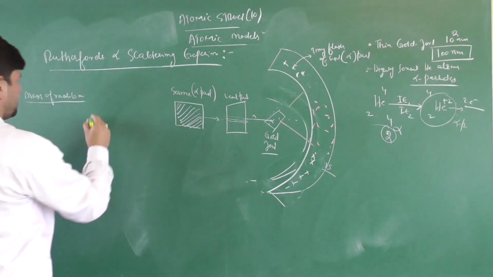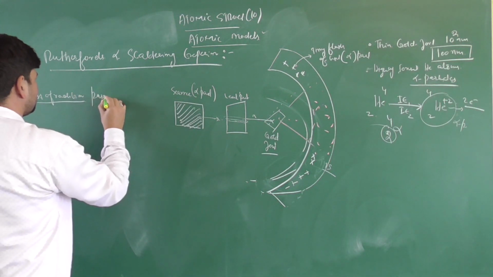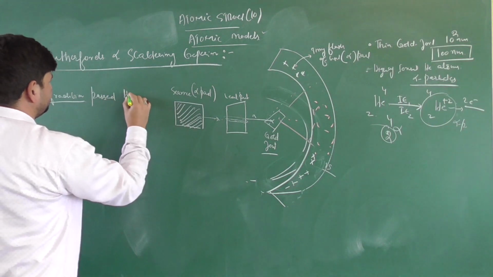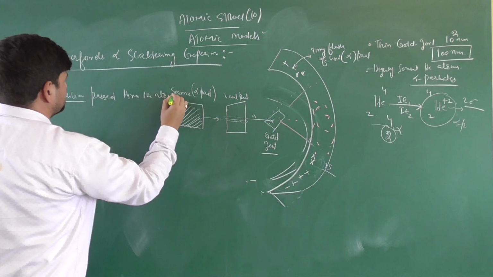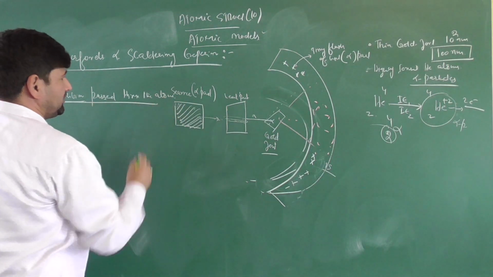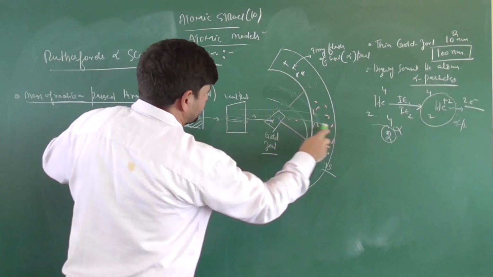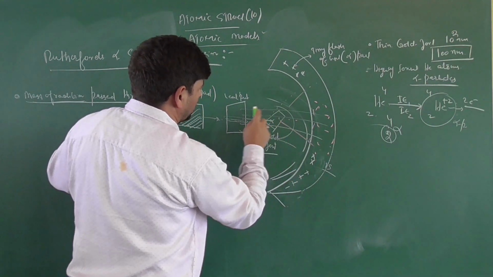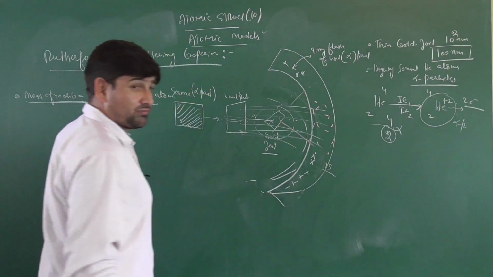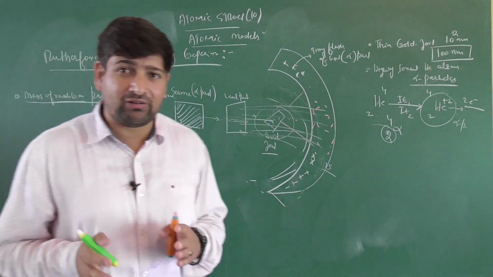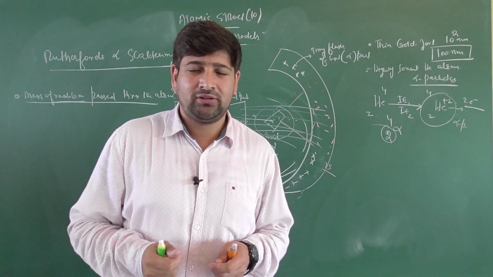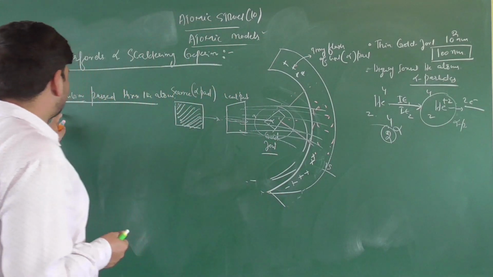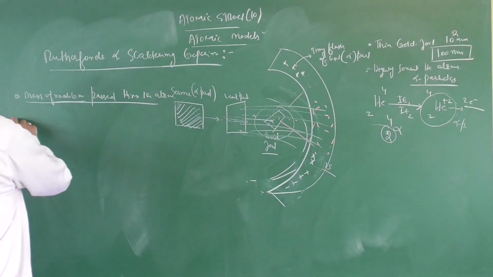Alpha particles, passed through the atom. This was the first observation he made. Maximum number of radiations that he bombarded on a gold foil passed through without even interacting with anything in the atom itself. So this was the first observation he made.